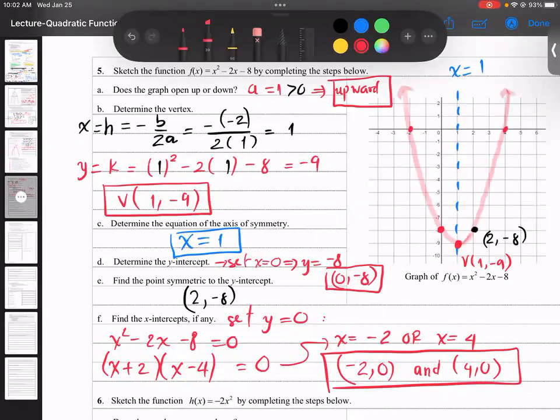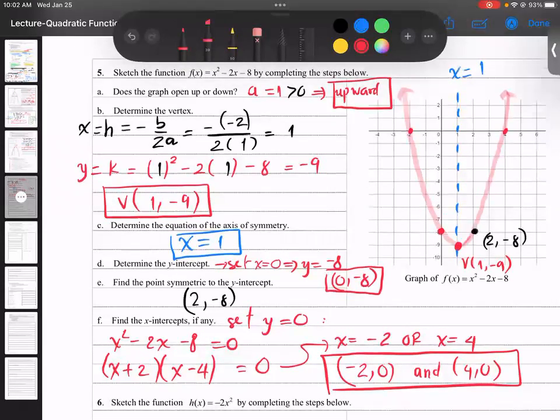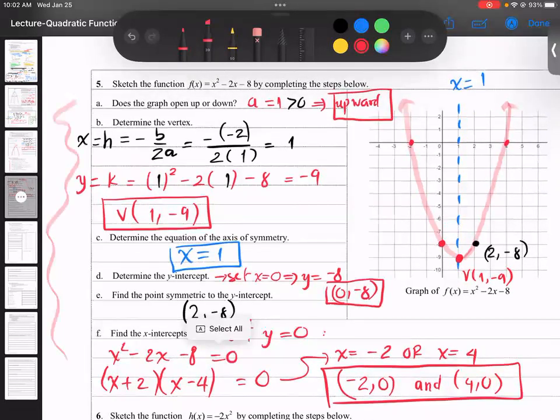So that's what I'm expecting on the exam. This problem is really similar to one of the exam problems. You're going to fill them out and show me the work. And when you graph it, please label the axis of symmetry and the vertex at least.